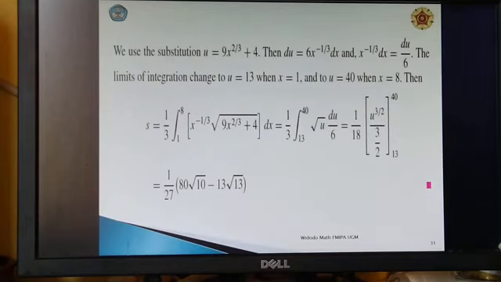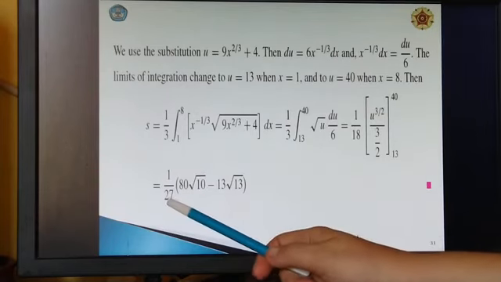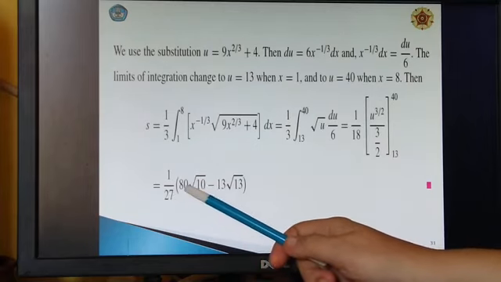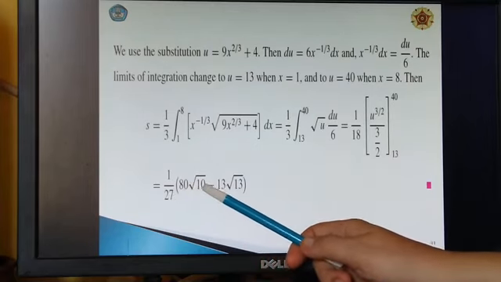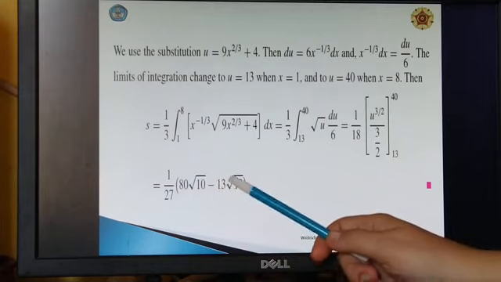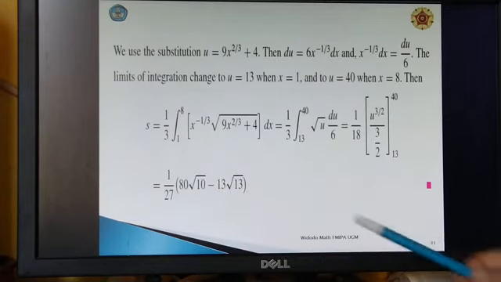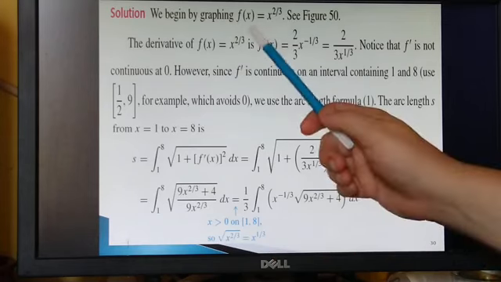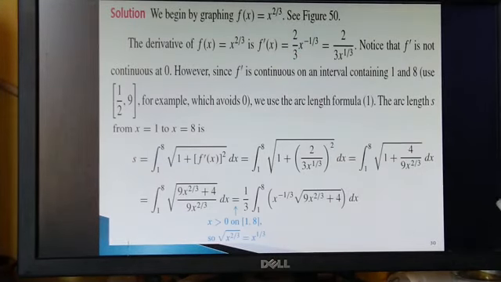And finally, we have 1 over 27 times 80 square root of 10 minus 13 square root of 13. This number is not a good number, but anyway, this is a good example because this is a rational function.